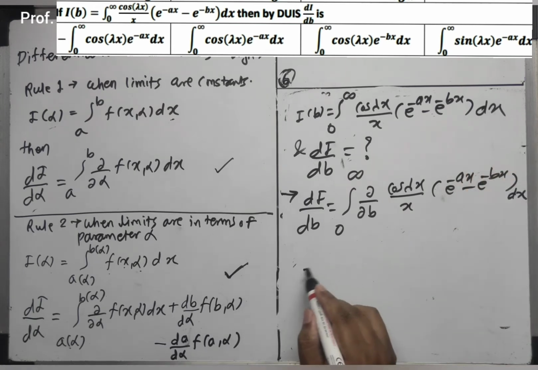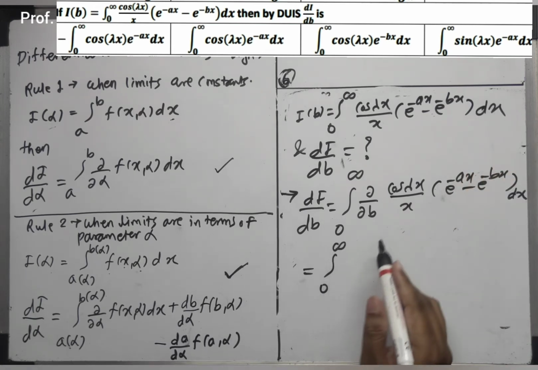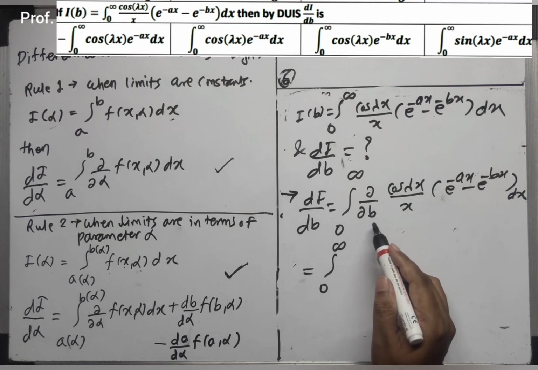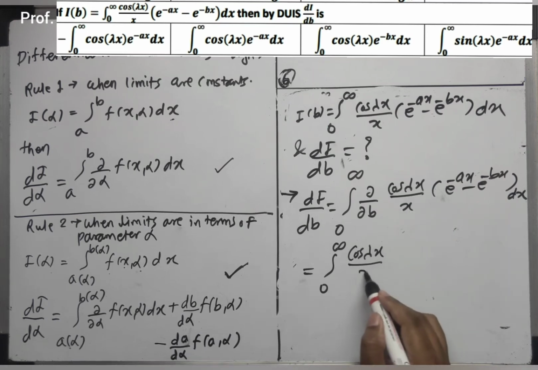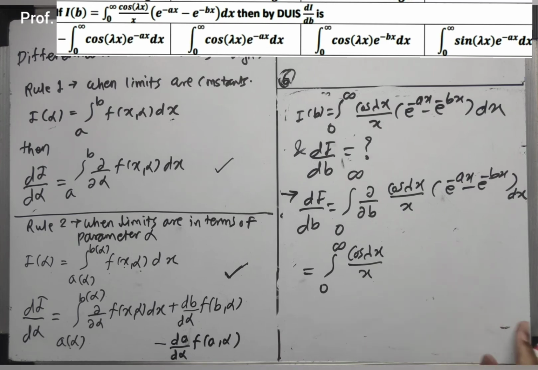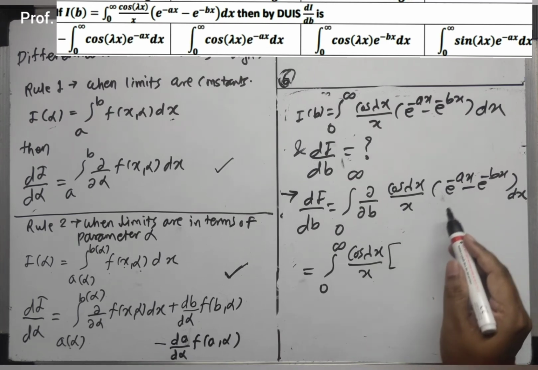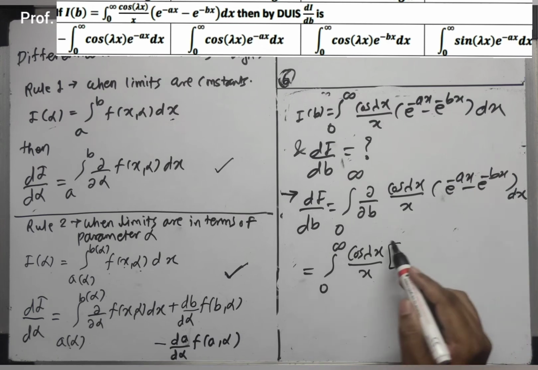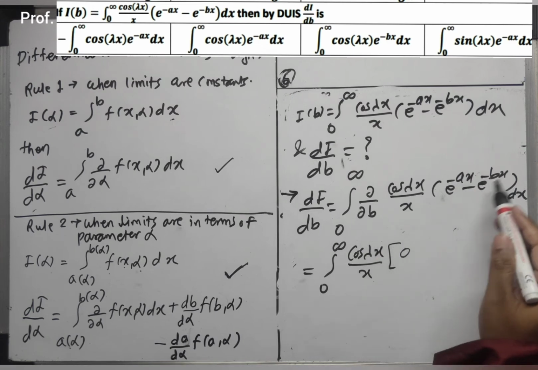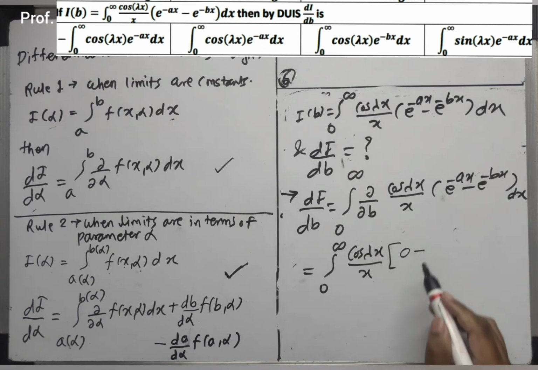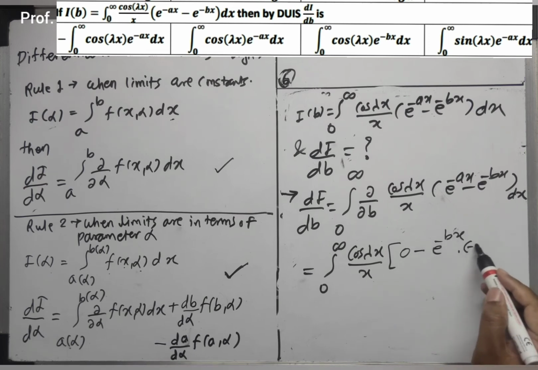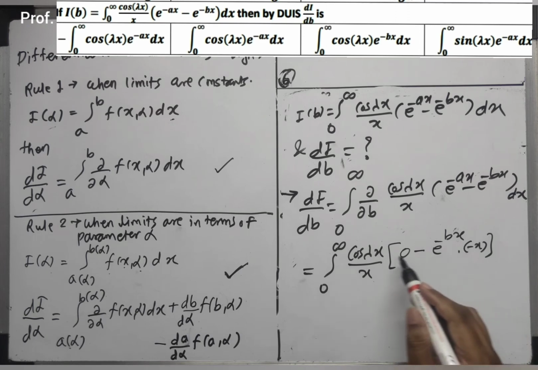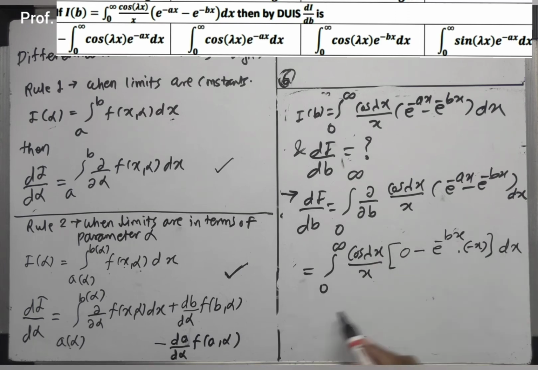Okay, so that is integration 0 to infinity. We have to take derivative with respect to b. So x is constant, so this cos lambda x upon x will remain outside, and derivative of e raised to minus ax is constant with respect to b, so it's 0, and derivative of e raised to minus bx is minus e raised to minus bx into minus x, because we are taking derivative with respect to b, and this dx as it is.